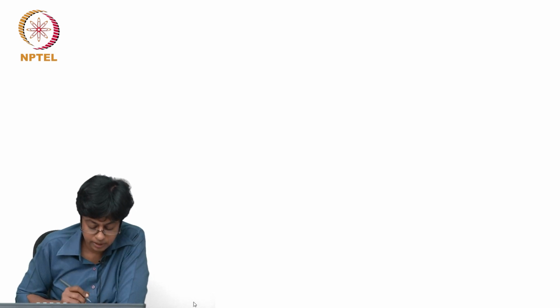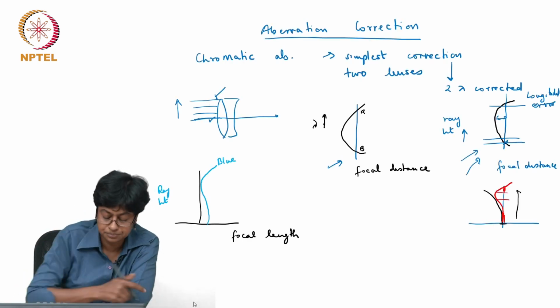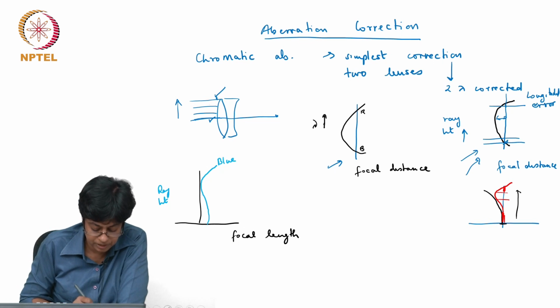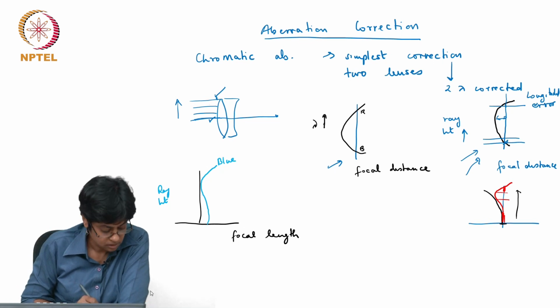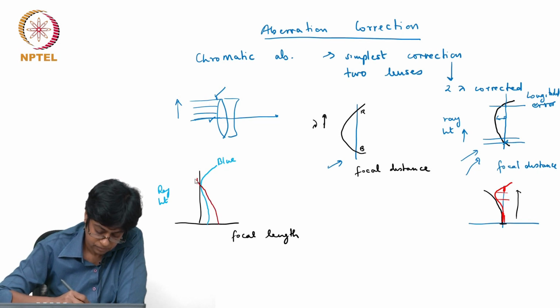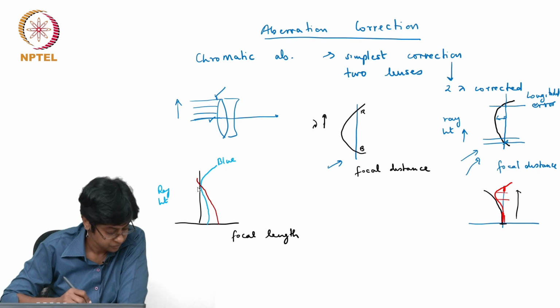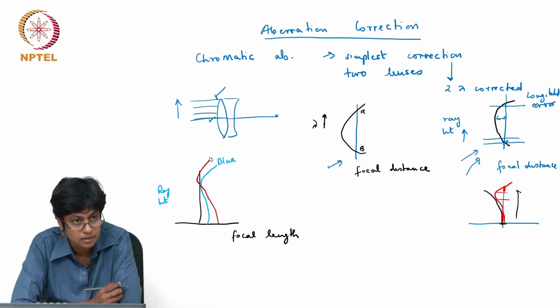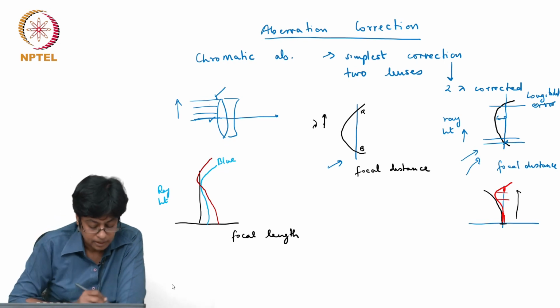I'm showing you a correction of chromatic aberration, and you might have something like this.